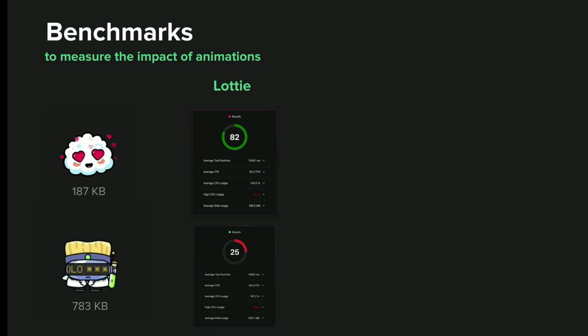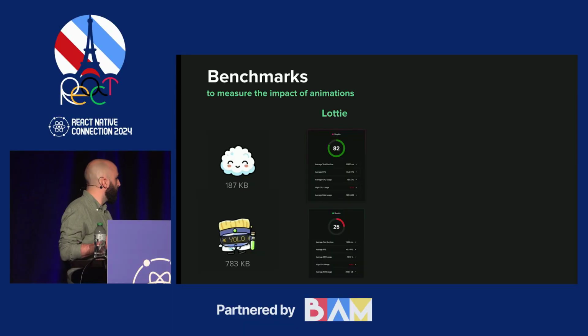And the result of that is that with Lottie, actually we have a pretty good score on the small file, like 82, with a 10-second time to interactive. And with the bigger one, we clearly see there is a drop, mainly because the CPU usage is more impacted. We will see that just after.